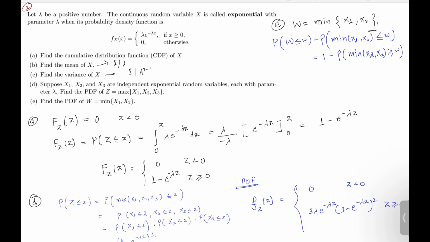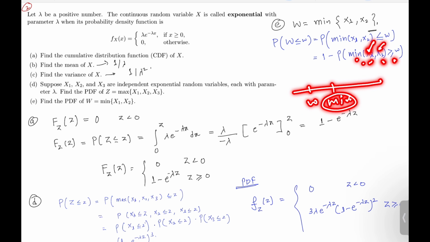Now, if min of X1, X2 is greater than w, can I say that each individual will be greater than w? The minimum will be somewhere around here, and if it is greater than w, then w will be somewhere around here. The other values will be on this side, so each one will be greater than w.